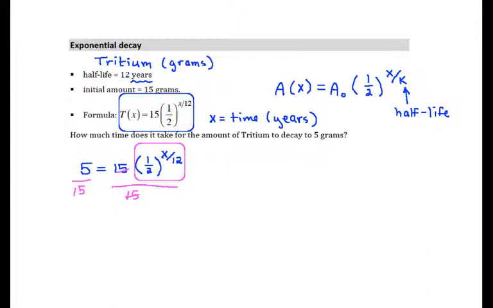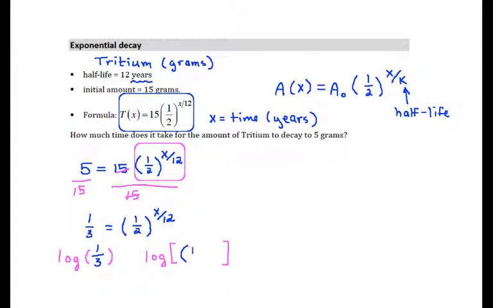And that gives me 1/3 when I reduce it equals 1/2 to the power x over 12. At this stage, I'm ready to go ahead and take a log of both sides. I'll go back to common log now since I don't have a base of e. This expression is a little longer, so I'll use the square brackets.